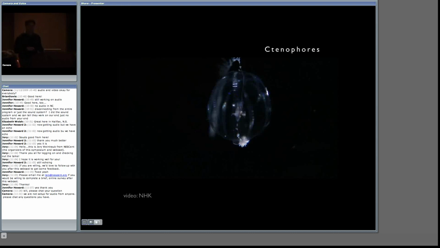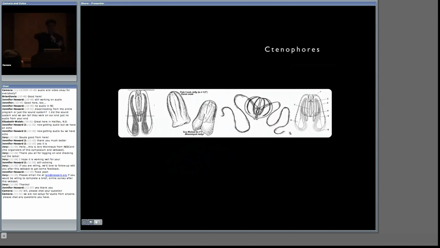So one thing to notice about that picture, the mouth was at the top when it was hanging out, and then it swam around with its mouth first and transferred the thing. If you look in biology textbooks, invert zoo, I don't know if any textbook people are here, the ctenophores always get this sort of backwards picture of them because people don't really know what to make of them. They literally don't know which way is up, which side to put up, and so they try to turn them into a jellyfish.